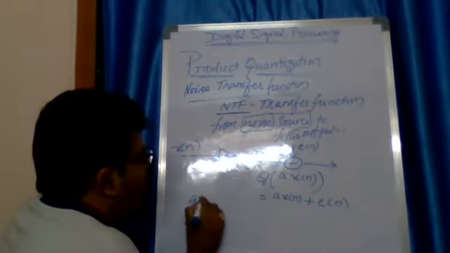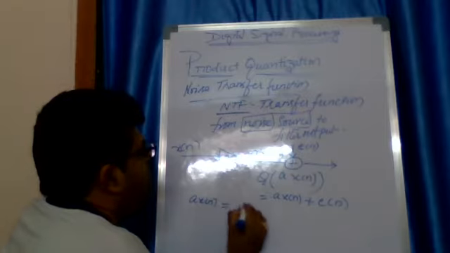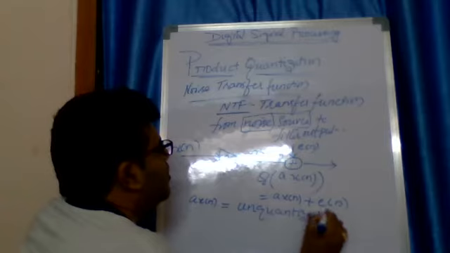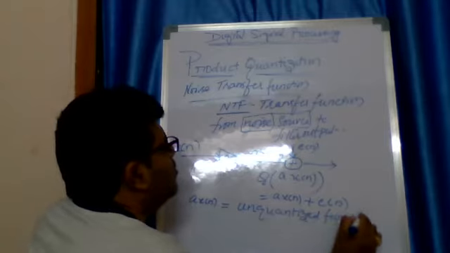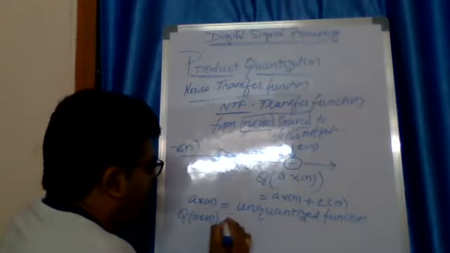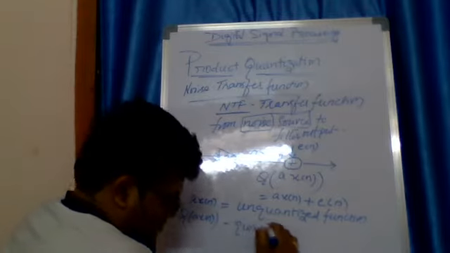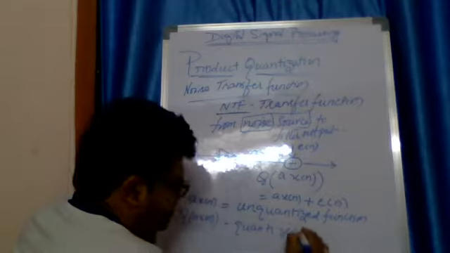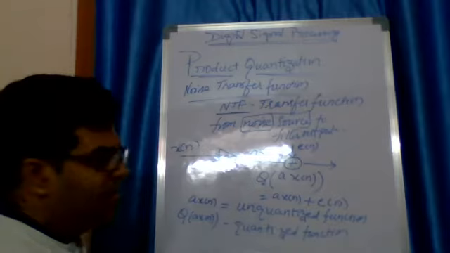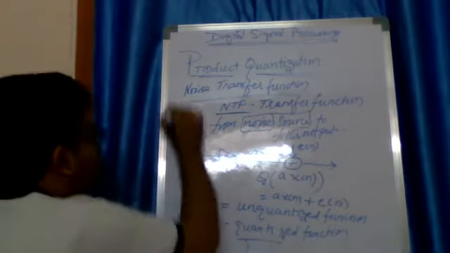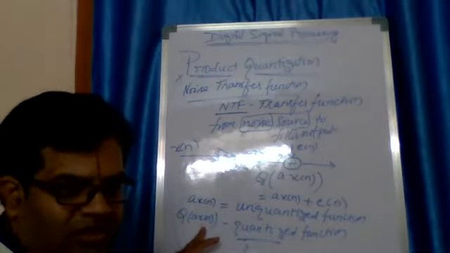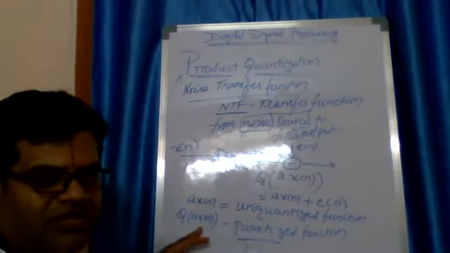Here a into x of n represents your unquantized function, and q of a into x of n is the quantized function, where the quantization is the product quantization. a is your constant, which you are multiplying with your input function x of n.